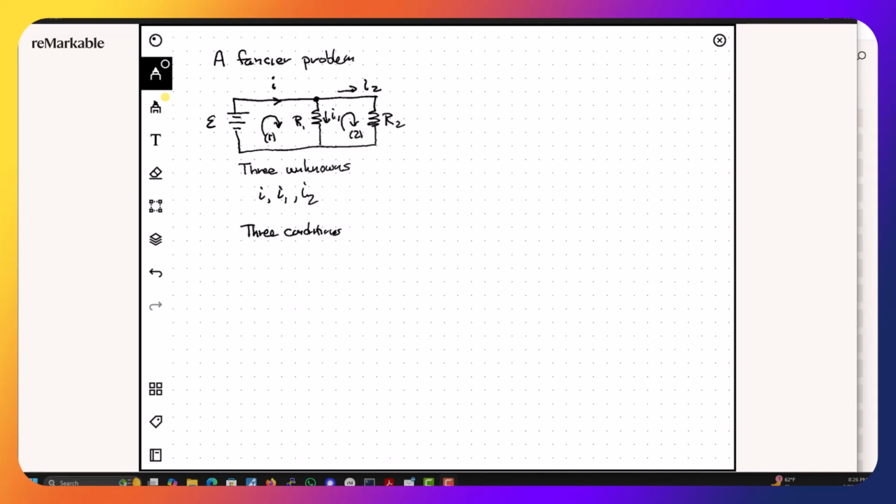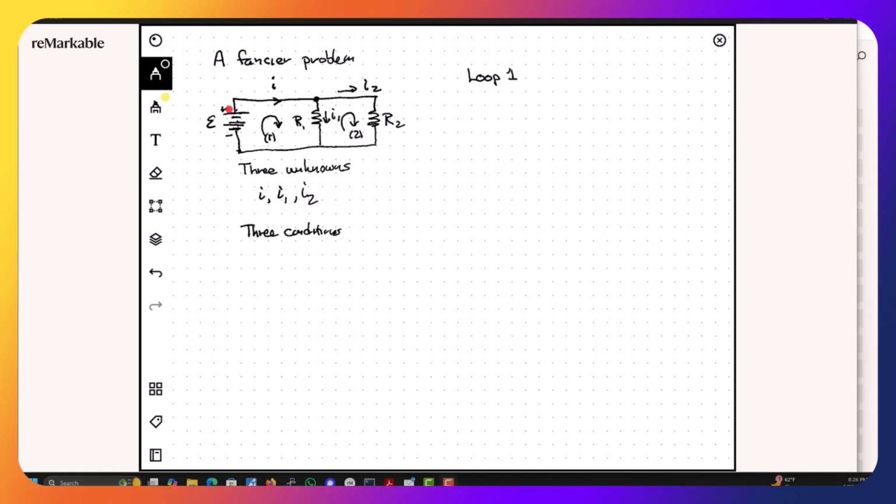So let's look at loop 1. We're starting here in this lower left-hand corner, and I'm going to go around the loop. I'm going to cross the E from the short side to the long side. Long, short, long, right? This is minus and plus.